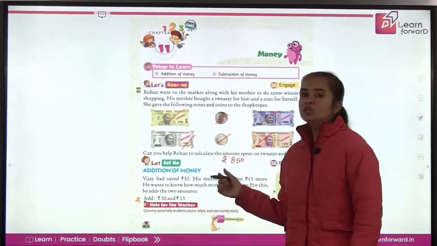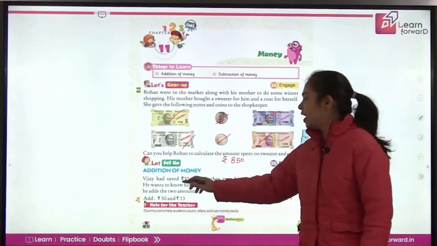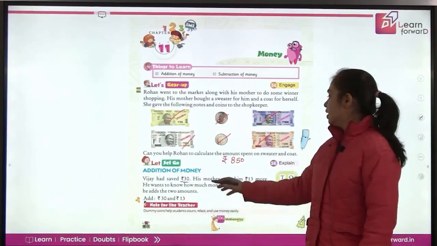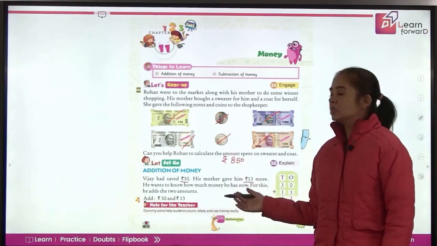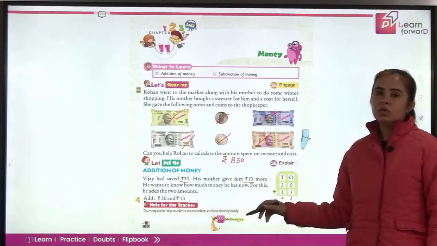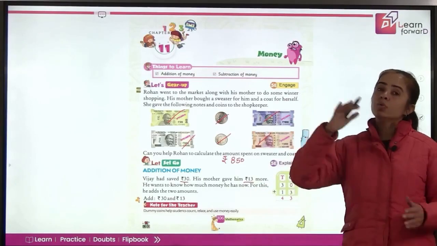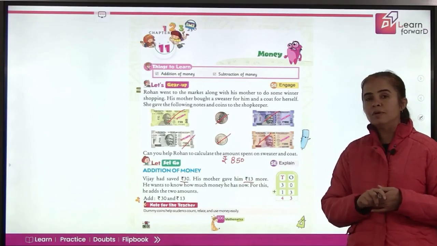Now addition of money. We'll be learning more about how to add money. Vijay had saved rupees 30. His mother gave him another 13 rupees. So both are rupees, and he wants to know how much money he has now. So he had something, he got more of something. So when you have more of something, that means what do you have to do? Add.